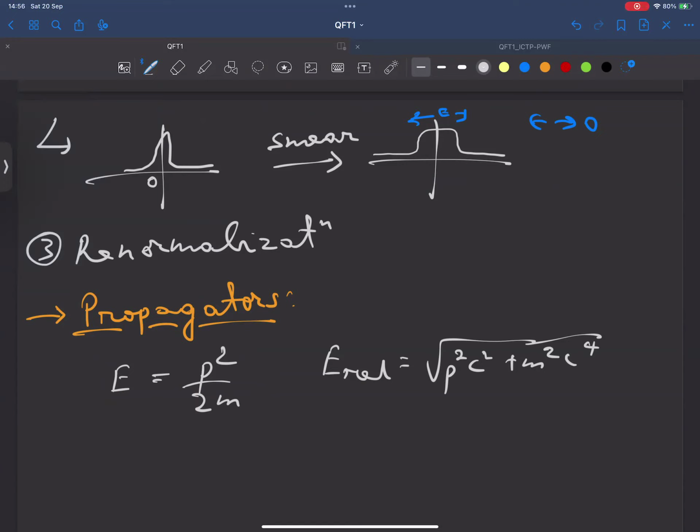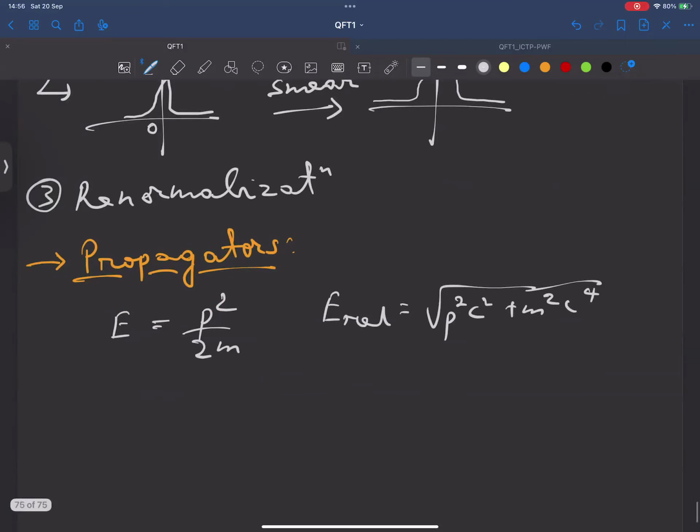The content of the next 1 hour and 15 minutes will be to redefine the notion of causality and use what we have learned till now to argue that even though that happens in QFT, we can still have causal propagation.